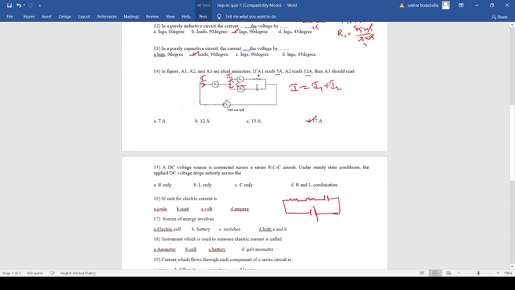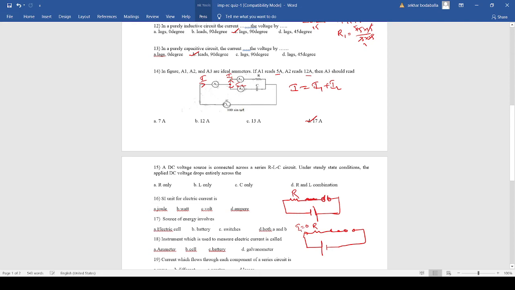See, for DC voltage, under steady state, the inductor acts as a short circuit, the capacitor acts as an open circuit. So the circuit becomes like this now. I have a voltage source, R, L is short circuited, there is an open circuit. So as it is open circuited, there will not be any current flow through this circuit. So I is equal to 0.